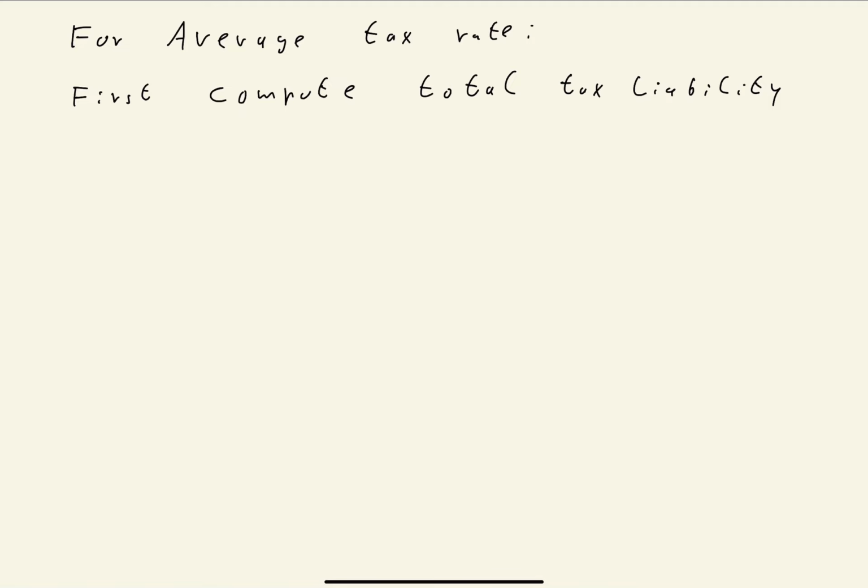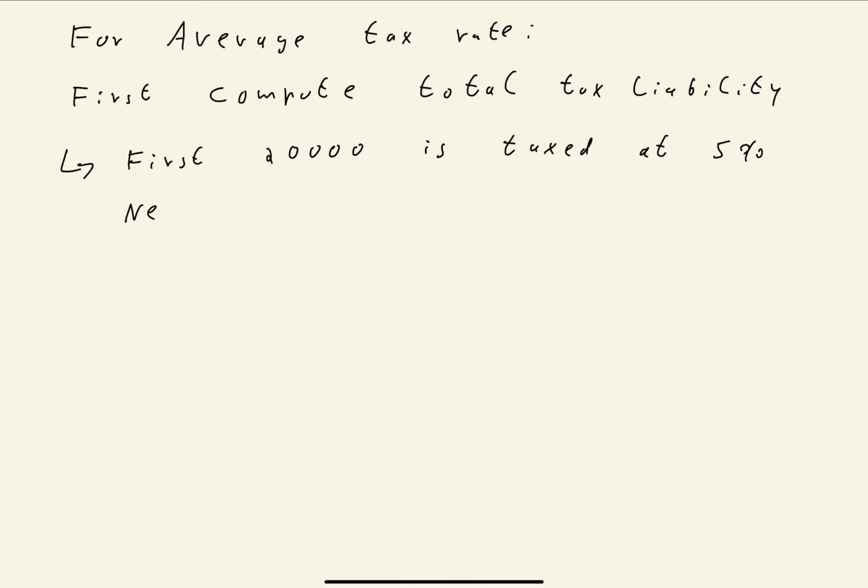And what can we say here? The first 20,000 is taxed at 5%.